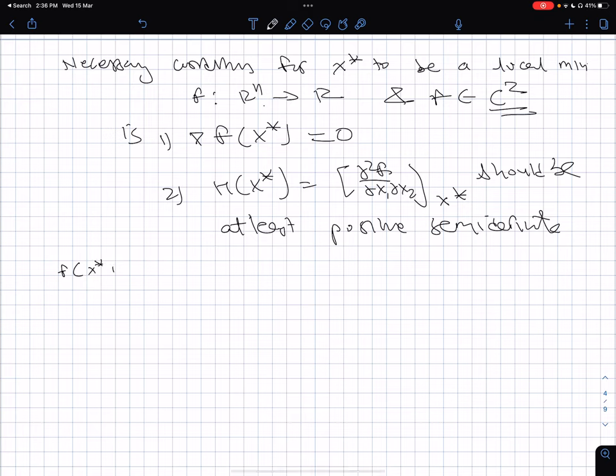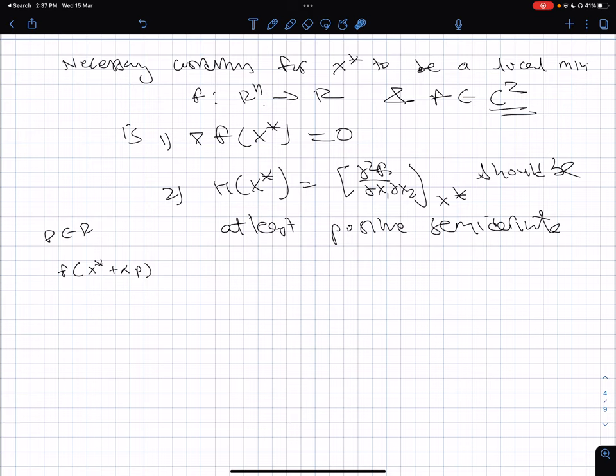So you just look at the Taylor series expansion around all possible directions P. So P is a direction vector in Rn. Alpha is a small step that you take in the direction of P. And by Taylor series, you look at its behavior in the vicinity of x star. What we want to make sure is that when we say necessary conditions, the function should not decrease in the vicinity.